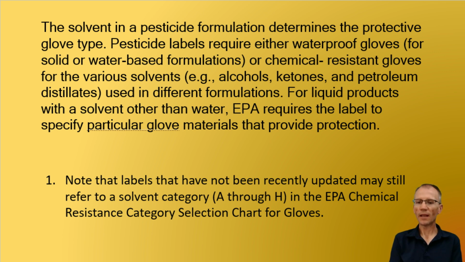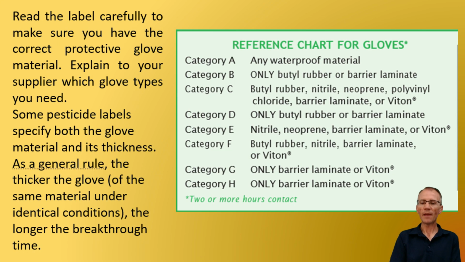Note that labels that have not been recently updated may still refer to a solvent category A through H in the EPA Chemical Resistance Category Selection Chart for gloves. Read the label carefully to make sure you have the correct protective glove material.